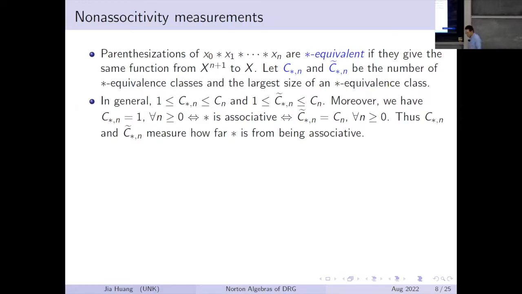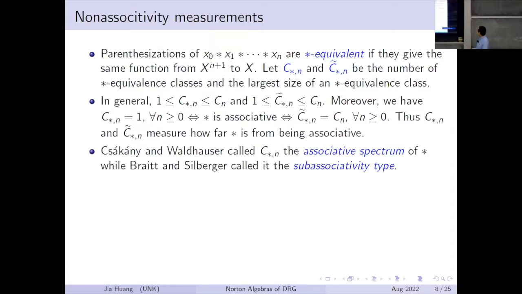In general, these 2 numbers vary between 1 and Cn. I thought this would be something interesting. We can use this as a quantitative measurement for the non-associativity of the operation. Later, I'll talk about the Norton algebras and see how they are non-associative in this sense.